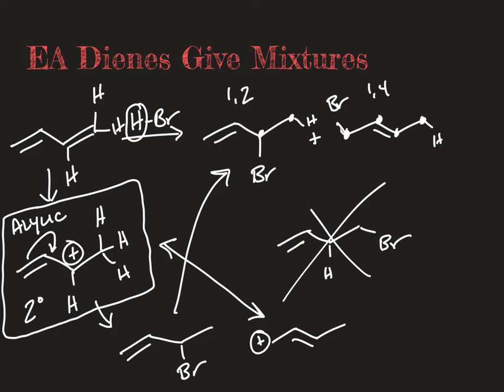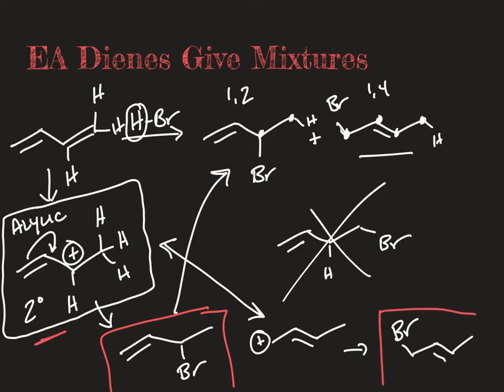And now you can see why we get the 1,4 product, because now the bromide ion will come in and add on to the end. And we also see that the double bond has shifted to the middle. So we've shown how we get to the 1,2 product just through the carbocation that's formed directly, and then how we get to the other 1,4 product through an extra resonance structure step of the carbocation.